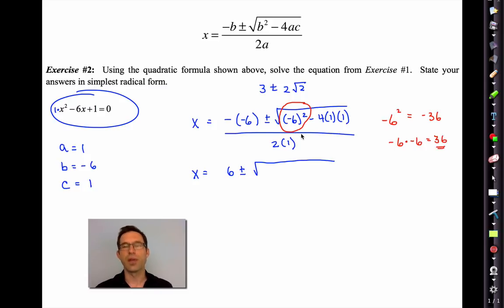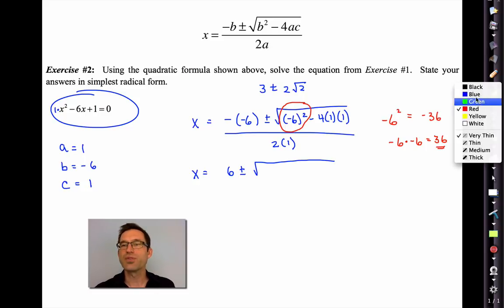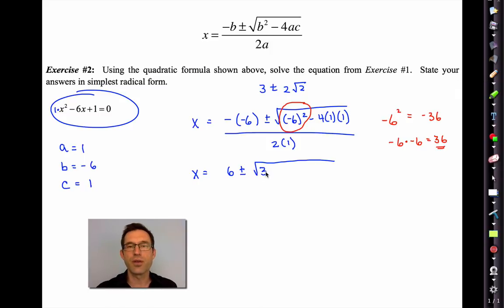So if you absolutely, positively must use your calculator to square a negative number, if you absolutely have to, put that negative in parentheses. If the numbers are small enough, I would encourage you to do it yourself. So that's 36. 4 times 1 is 4. And of course, 2 times 1 is 2. Let's keep going.